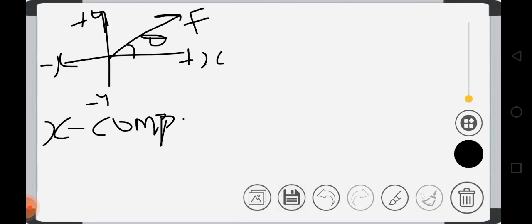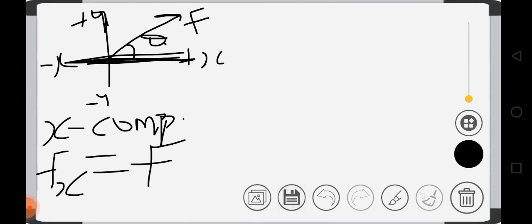The force in the X direction will be equal to, look how to do it. You take the force, as far as it's making an angle of theta to the horizontal. That is the major thing. Then check where the force is going. If the force is going to the right-hand side, it will be positive.